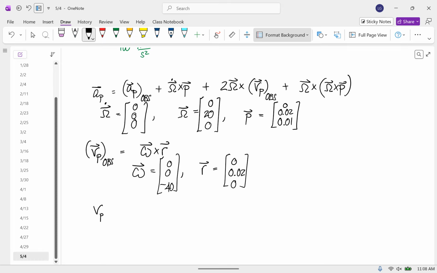And so that observed velocity is 0, 0, negative 40, crossed with 0, 0.02, 0. And so that is 0.8, 0, 0.